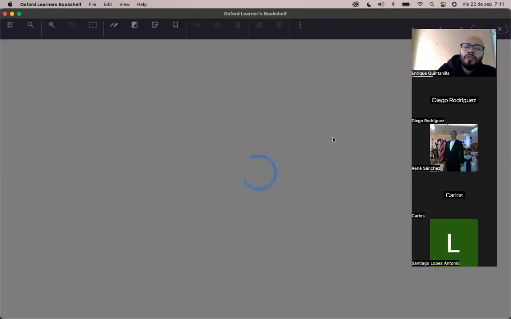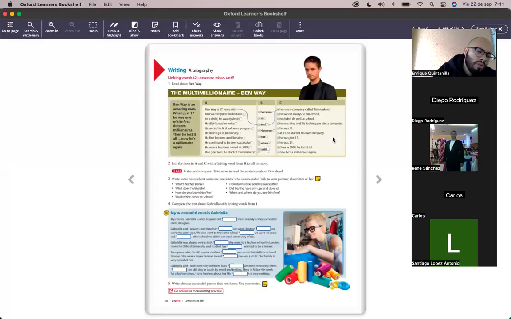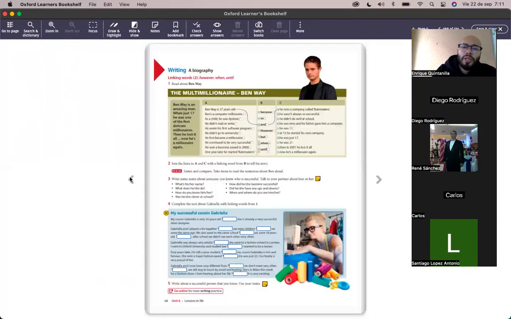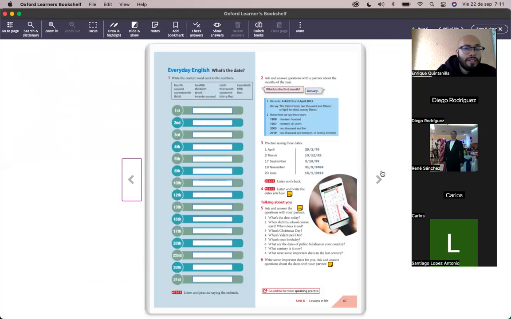We're gonna start a new unit, and probably we will finish today at 7:40, 7:35, because you will do an activity for classroom. So we have here our homework. Remember, we are on page 68.